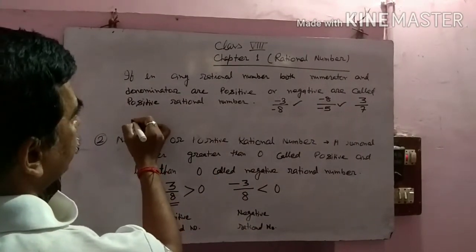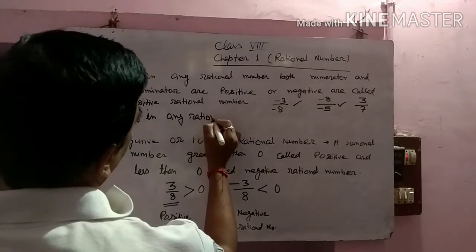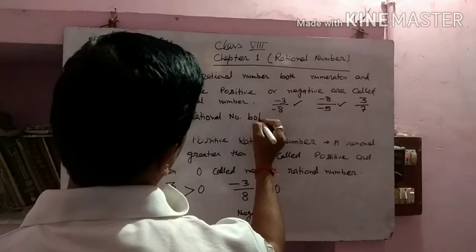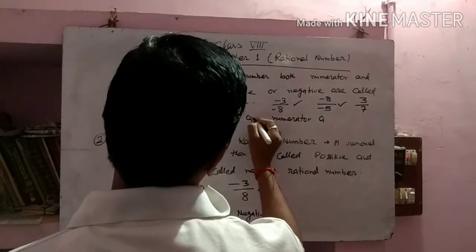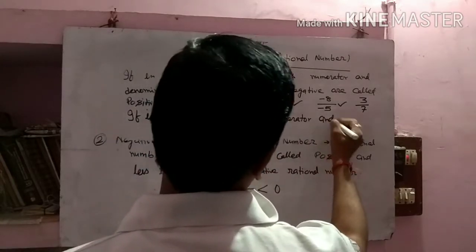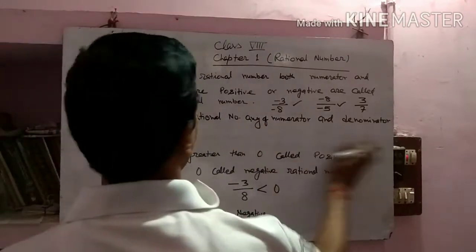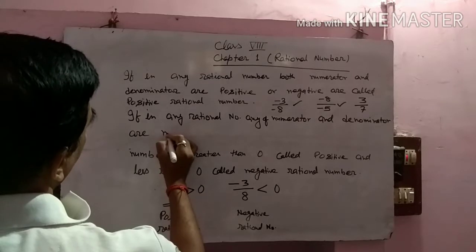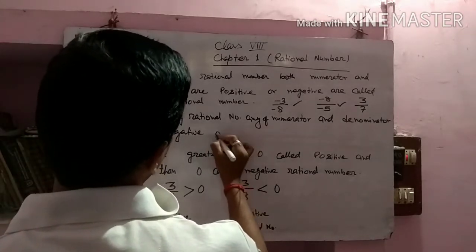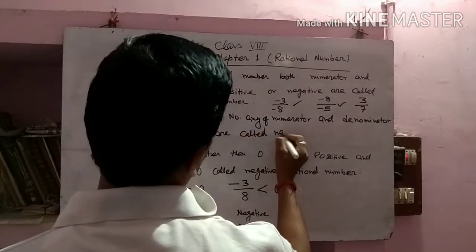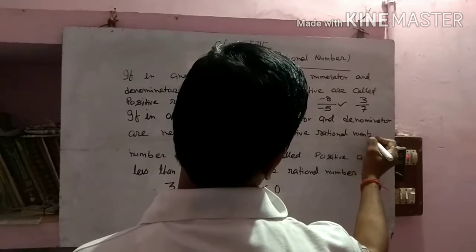The opposite of that one is: if in any rational number any one of the numerator and denominator is negative, it is called a negative rational number.